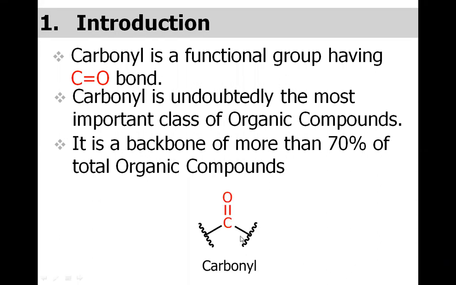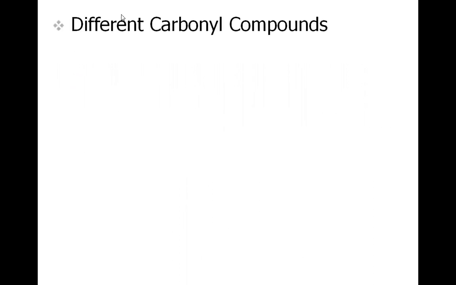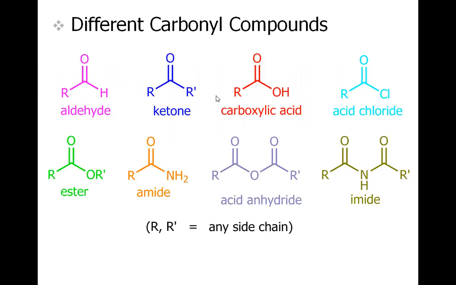This is the structural formula of carbonyl. Here you could see this carbon is doubly bonded with the oxygen, and there are two groups attached around the carbonyl. So on the basis of attachment of these two groups around the carbonyl, we have these classes of carbonyl compounds. Here R and R prime are any side chain.